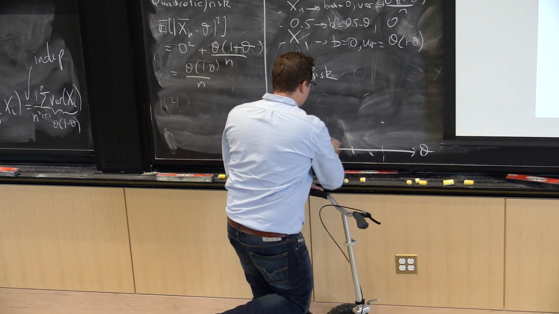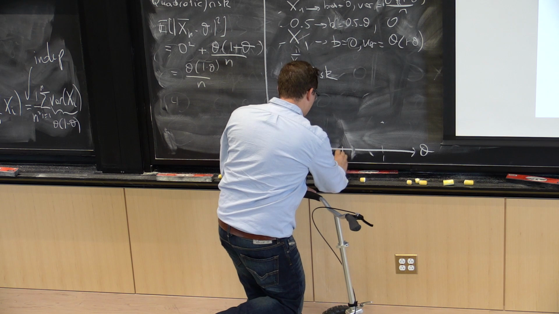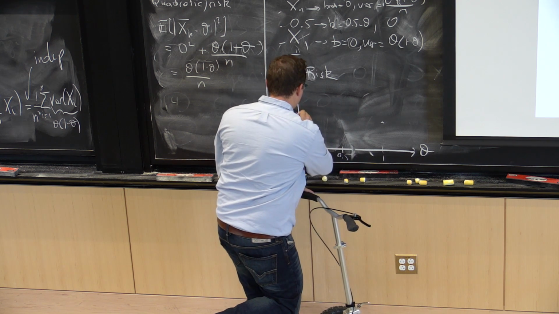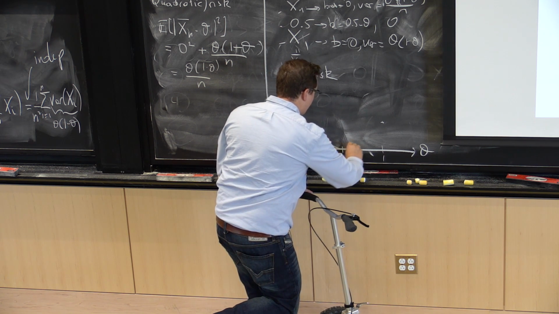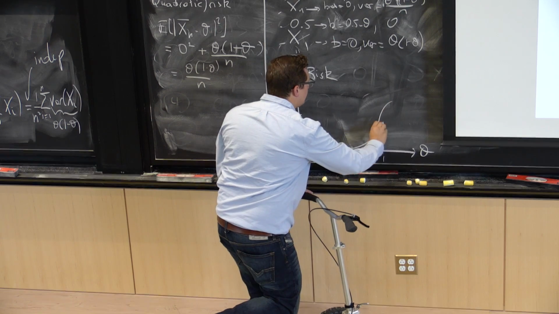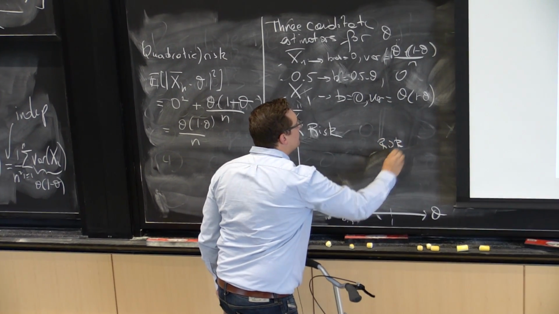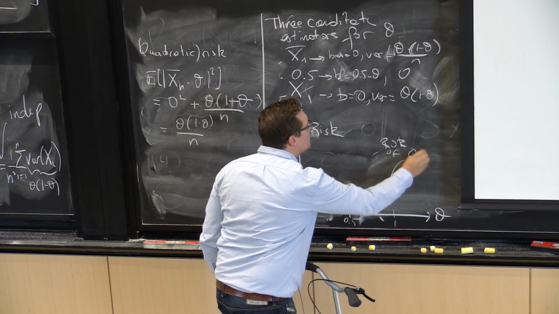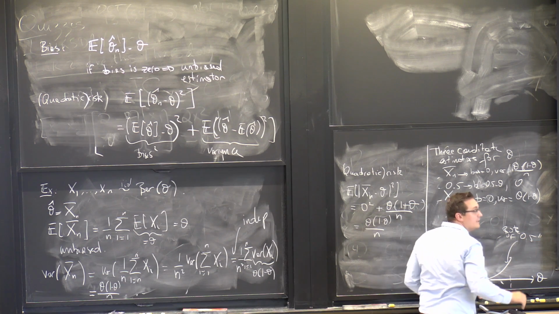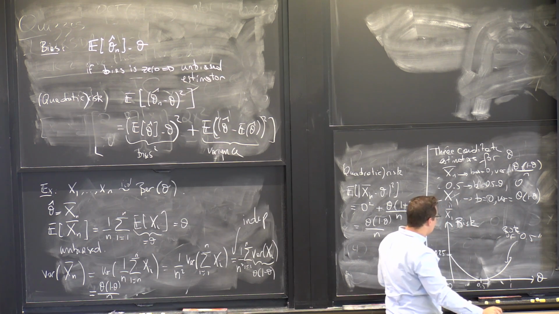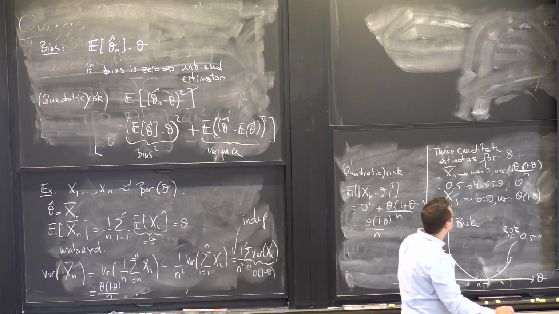So it looks like this. Well, actually, sorry. Let me put the 0.5 where it should be. OK, so this here is the risk of 0.5. So when theta is very close to 0.5, I'm very happy. When theta gets farther, it's a little bit annoying.